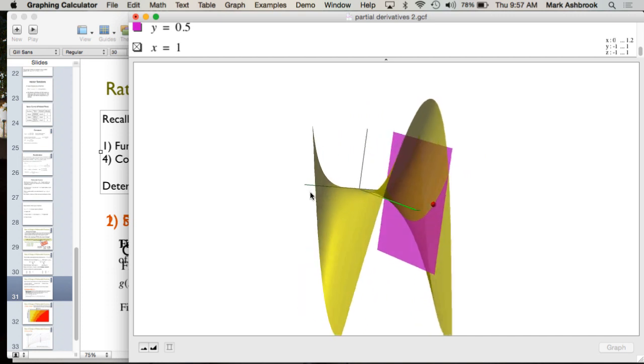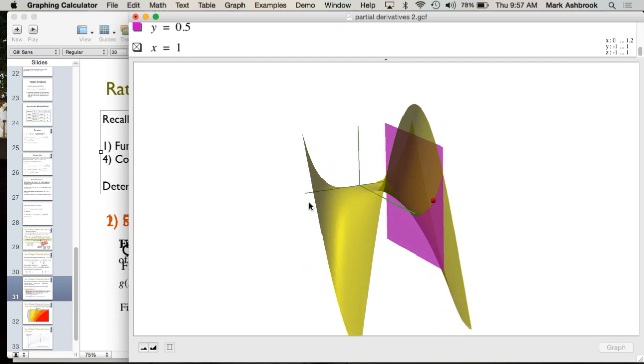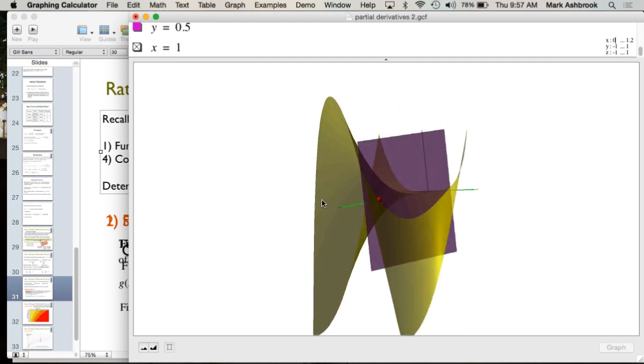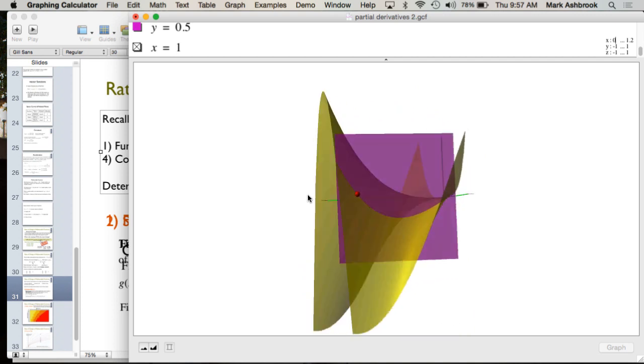What could you say? No, just looking at the picture. What can you say about the value of the partial with respect to x?